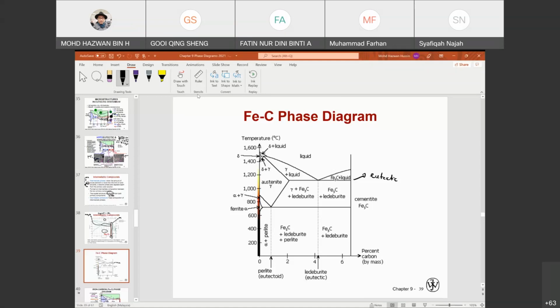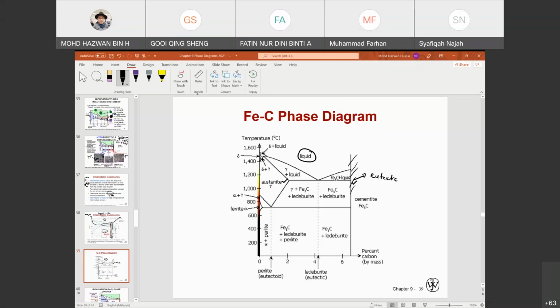Okay, so the same thing as I told you earlier. If you want to identify eutectic, you look for a horizontal line like this, and then see what is at the top: liquid. At the sides of this line, you have austenite and also cementite.